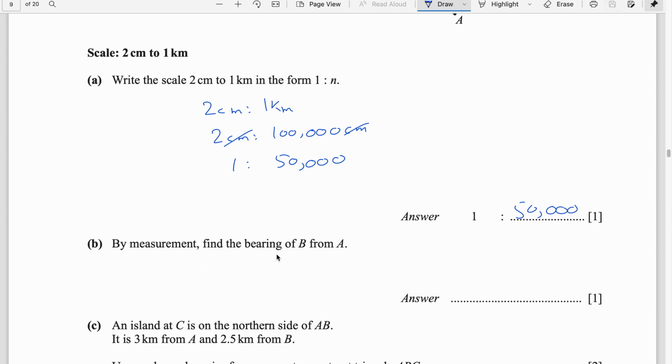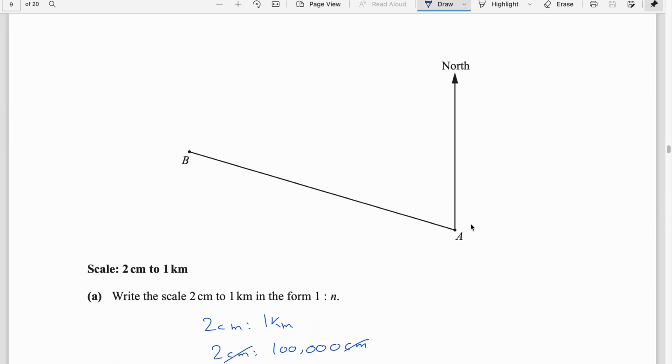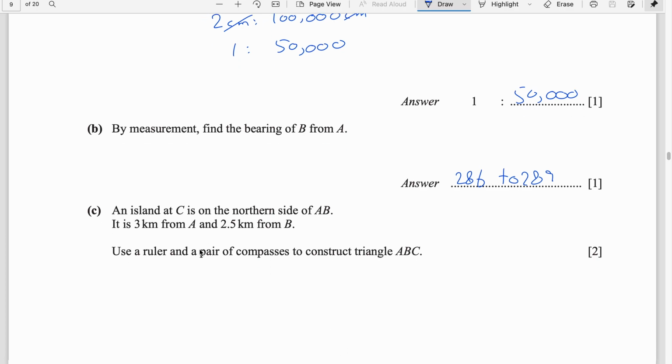By measurement, find the bearing of B from A. So bearing of B from A is this angle. So just use your protractor to find this angle and subtract it from 360, and your answer should range between 286 to 289.